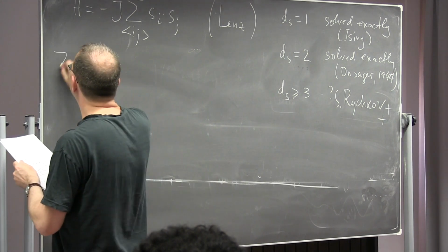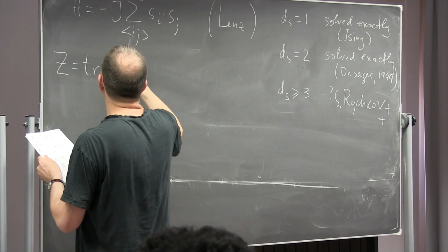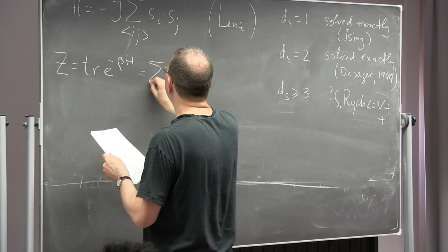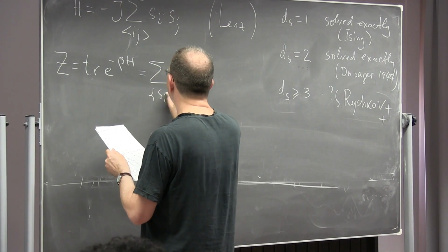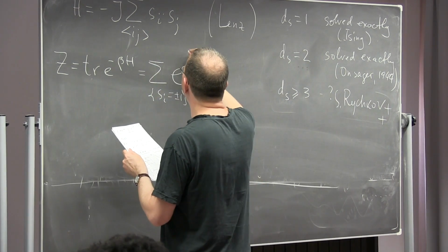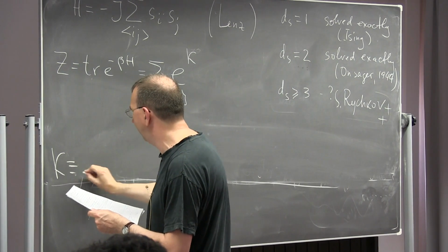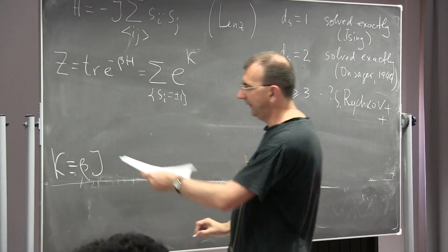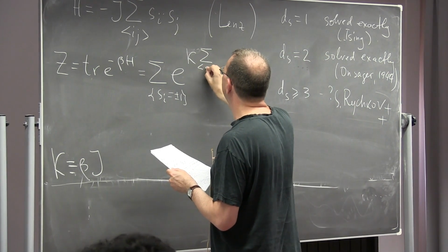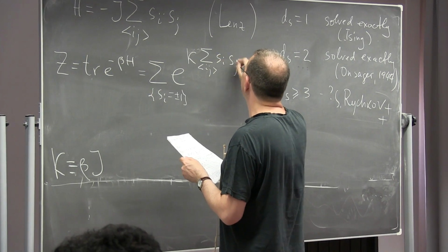Z we are looking for is the trace of e to the minus beta H. H is this thing here, and this is a sum over all spins taking values plus or minus 1. e to the K, where K is just a notation for beta times J, and here we have a sum over nearest neighbors i, j, of s_i and s_j.